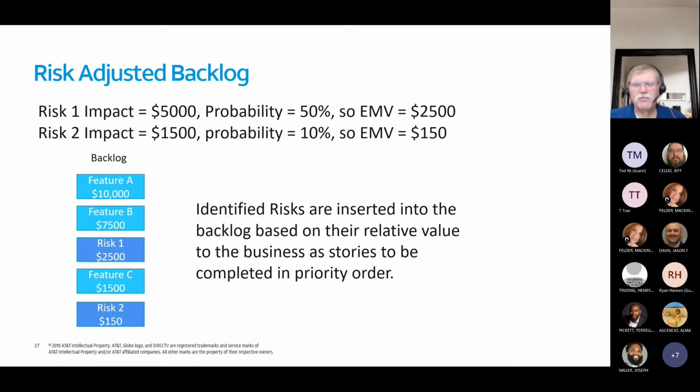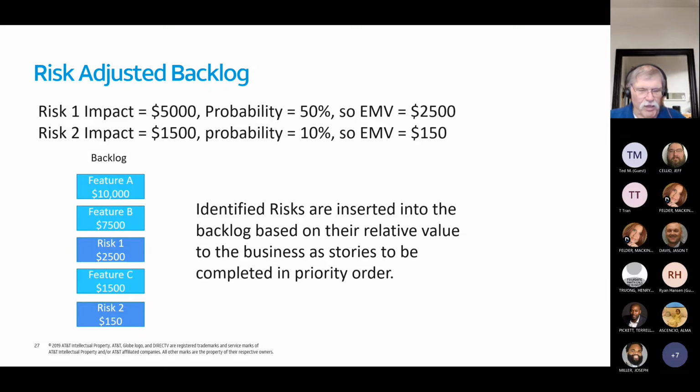Yeah, just for grins. So your impact's going to be what? $6,300, right? And where would it go in this particular backlog? Yep. Then I guess I would put it right around above risk 1. Yep. That's how you do it.